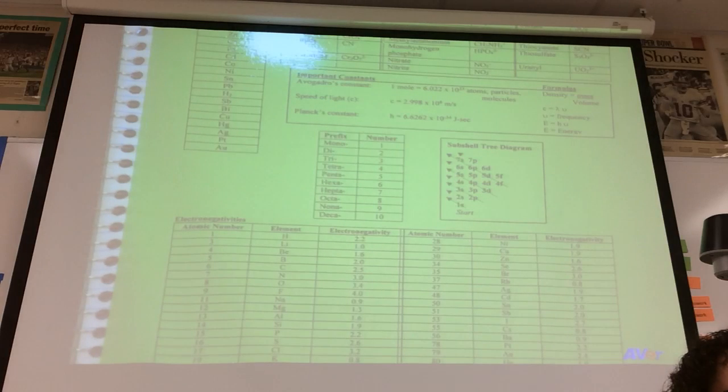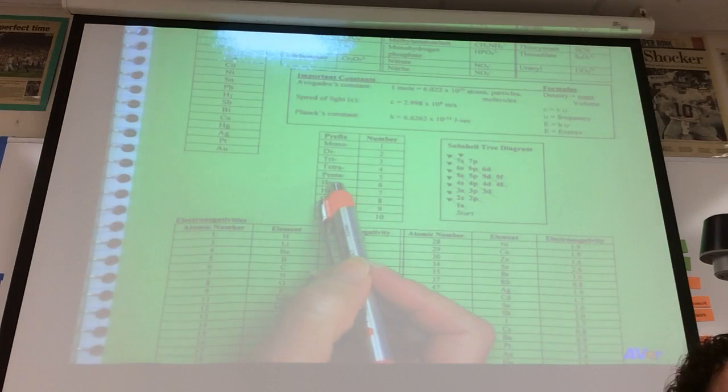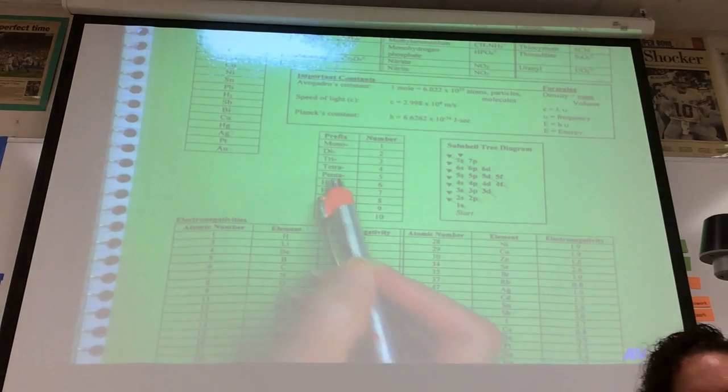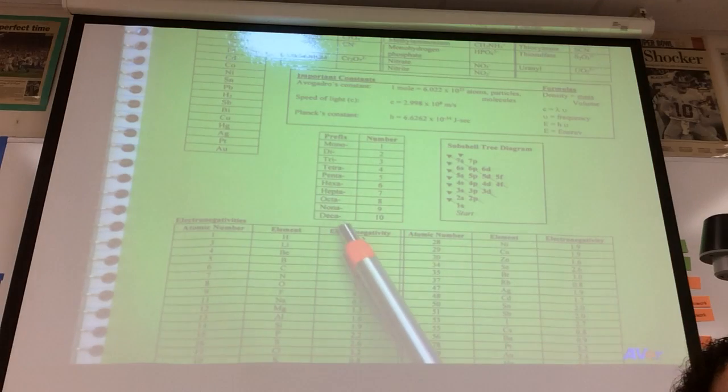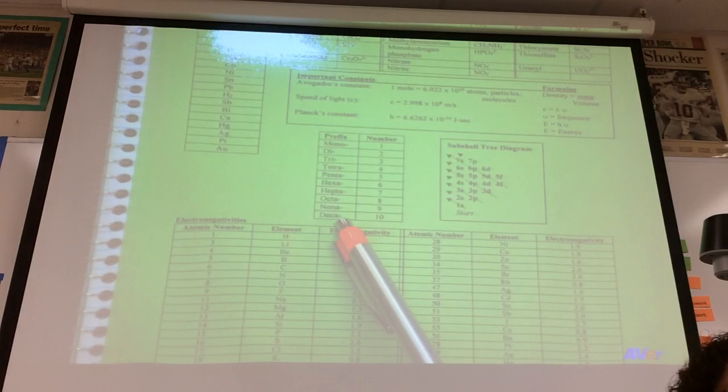What starts with penta? Pentagon. So these are the prefixes that you have seen previously. We saw these with the hydrates.